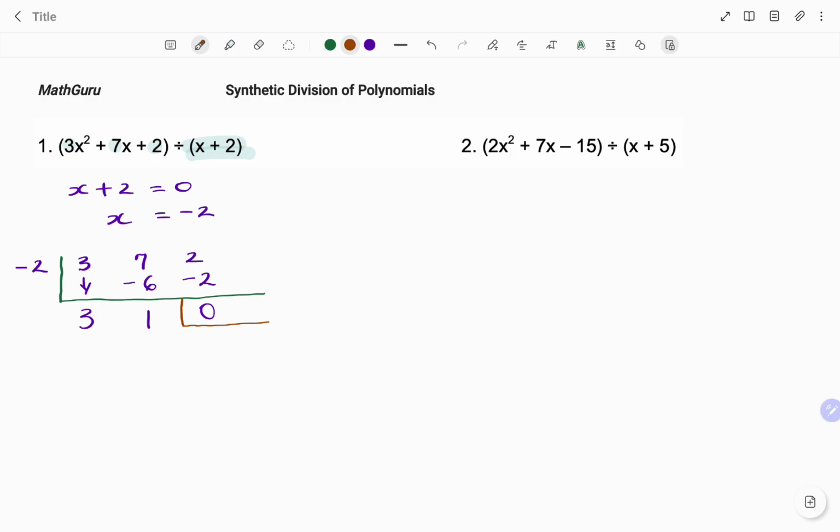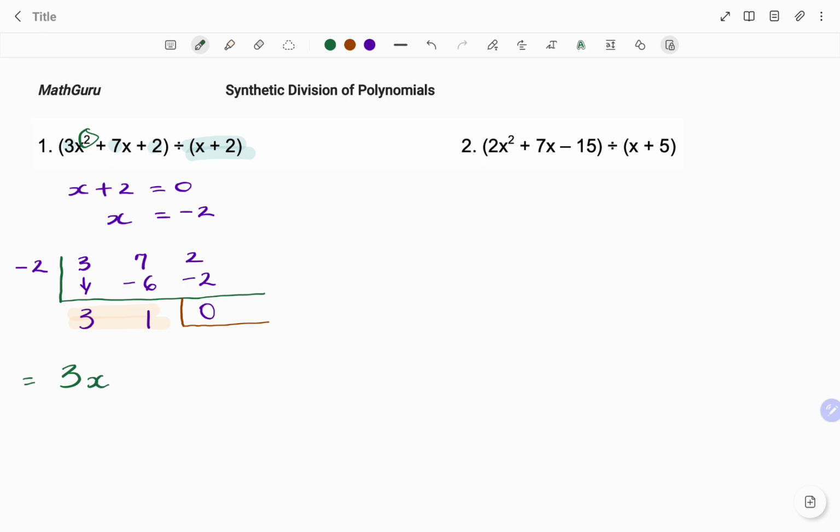So in order to write my answer, the values here will be my new coefficients. So starting with 3, I'm also going to drop down the power or the exponent by 1. So in summary, our answer is always 1 power smaller than the original. The original power starts from a 2, so that means this will be 3x.